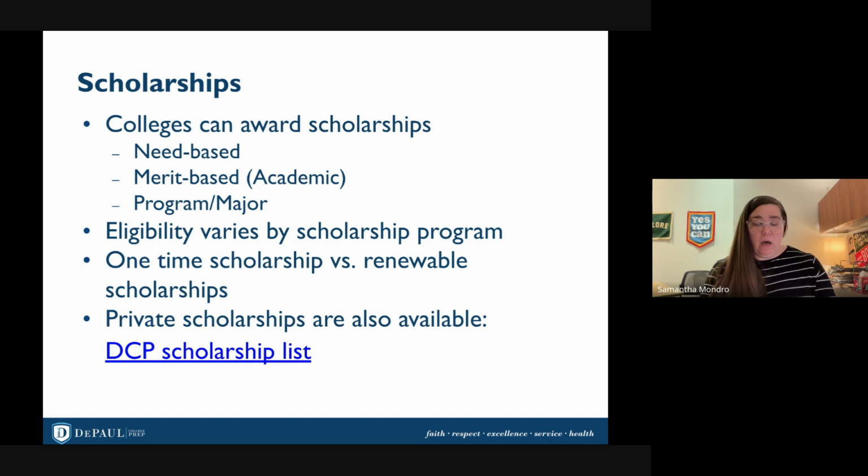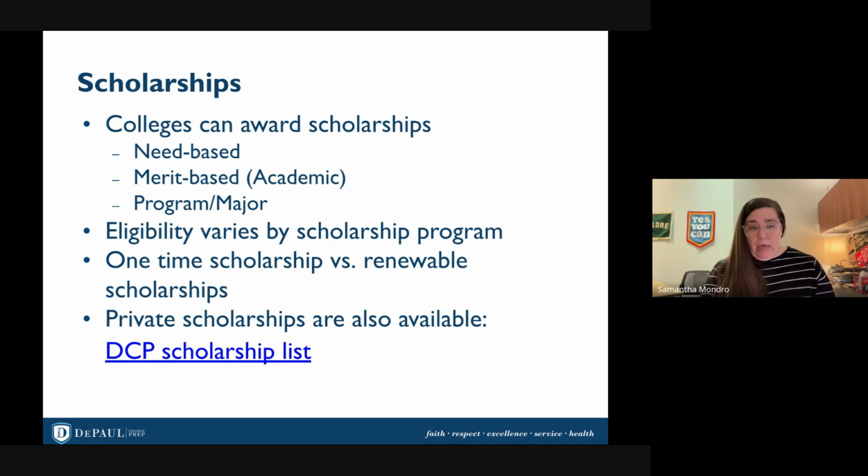A good example of a one-time scholarship would be a freshman scholarship. You'd want to ask the school, is this something that my student can continue to receive? Is there a process? Because sometimes if it doesn't show up on your sophomore or junior year, that might have been only a freshman year scholarship.